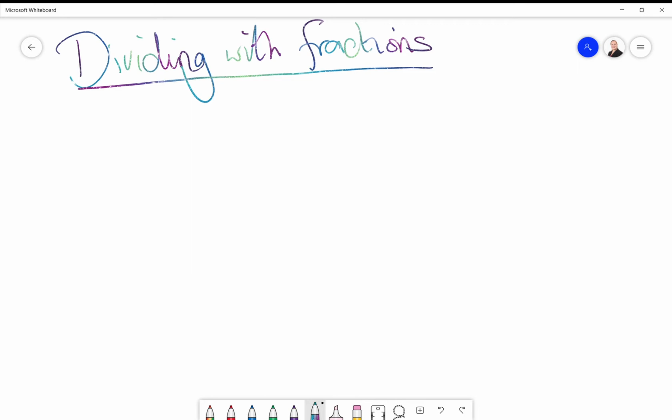Okay, so there's one rule that you need, and I'm going to change colour for this. K, F, C. Okay, we write it like that so you don't forget it. Keep, flip, change.